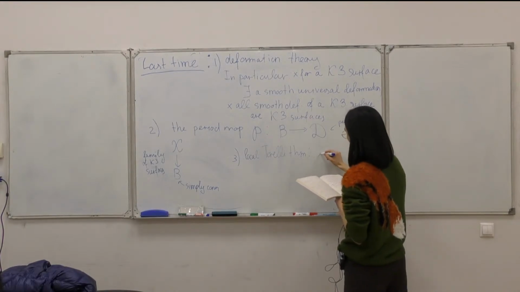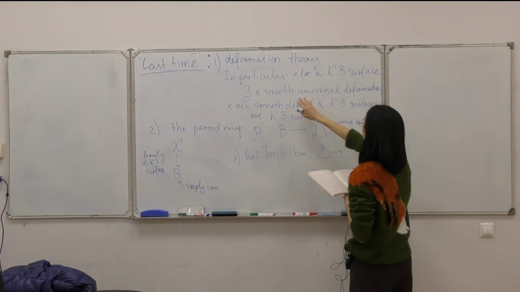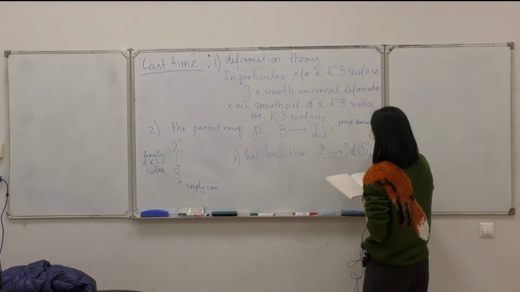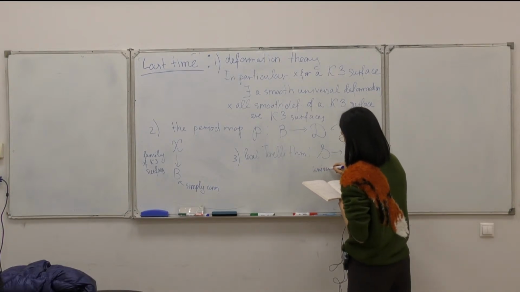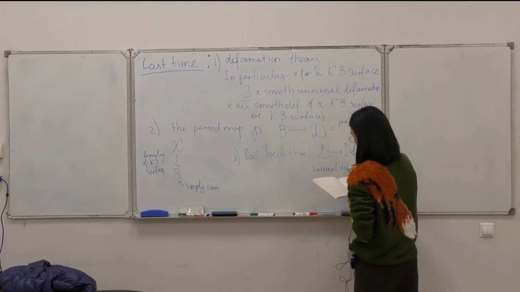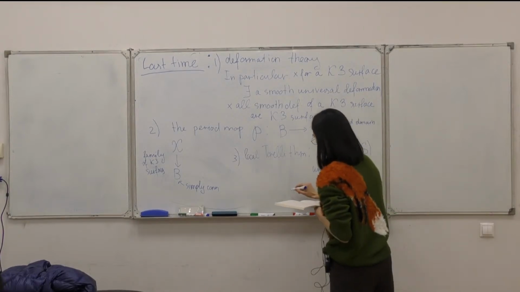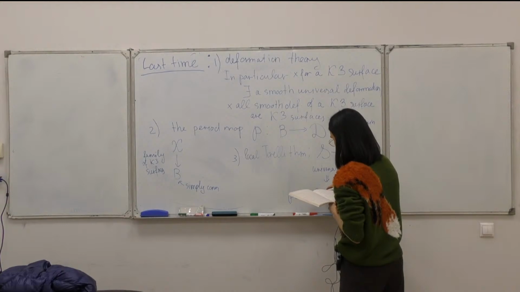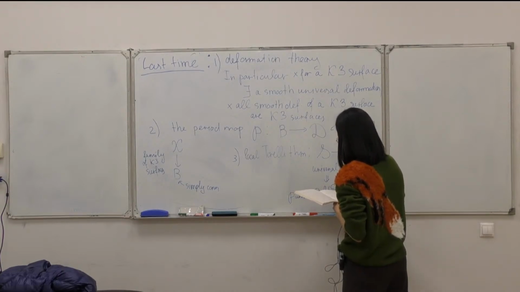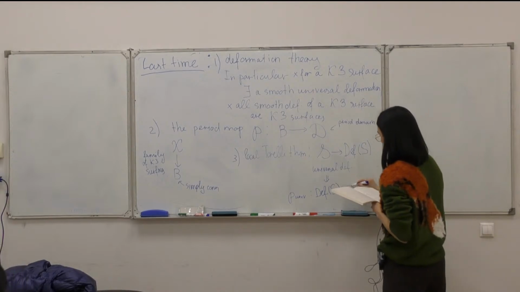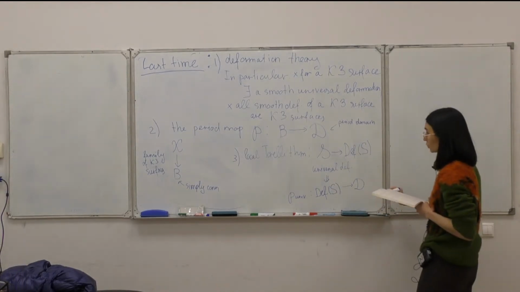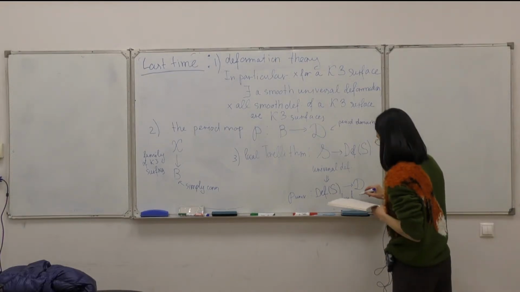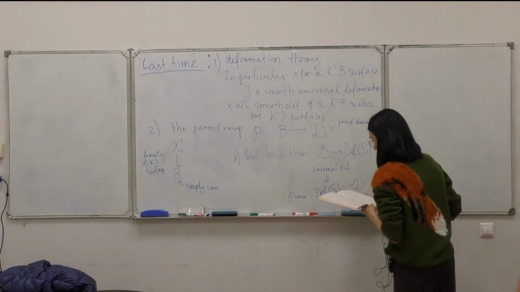That tells you that if we consider a smooth universal deformation of a K3 surface, then the corresponding map from the simply connected base to the period domain is a local isomorphism.